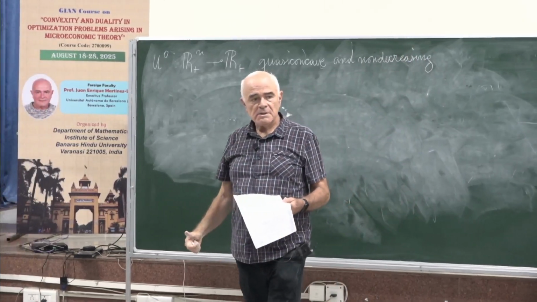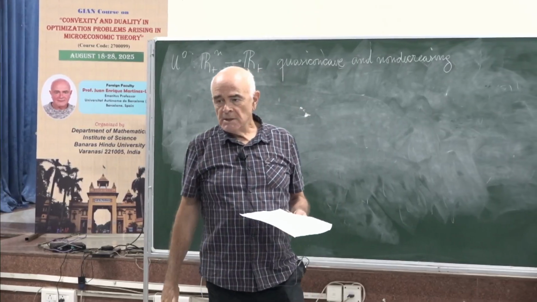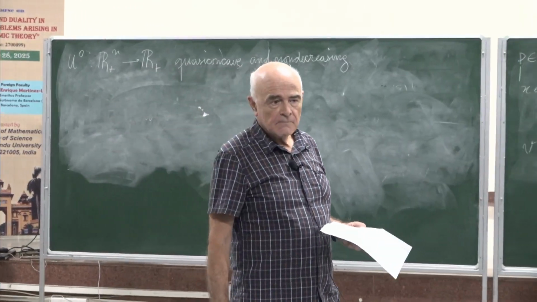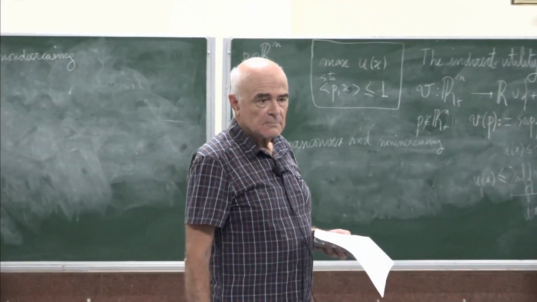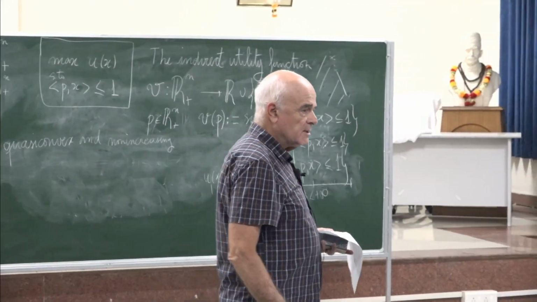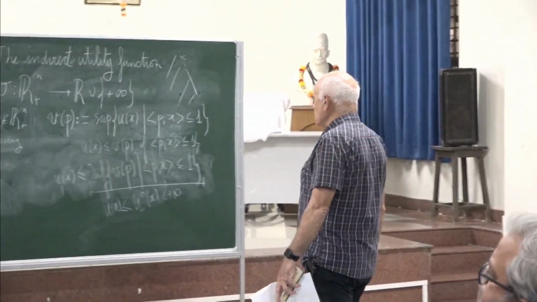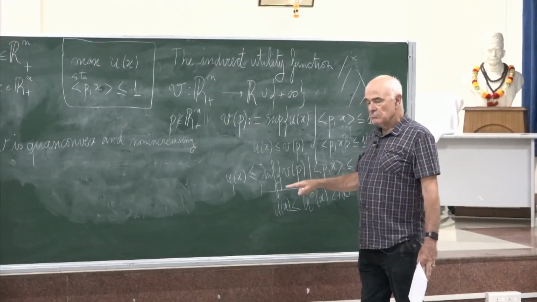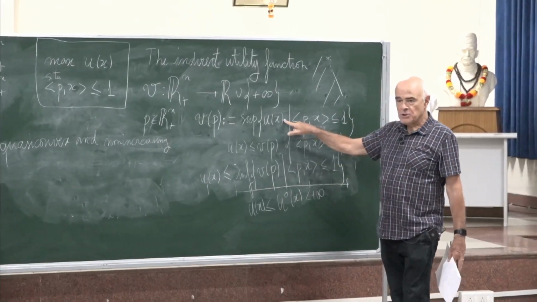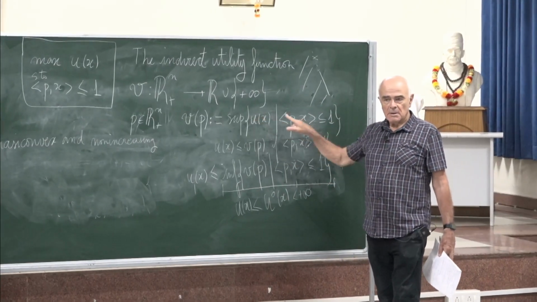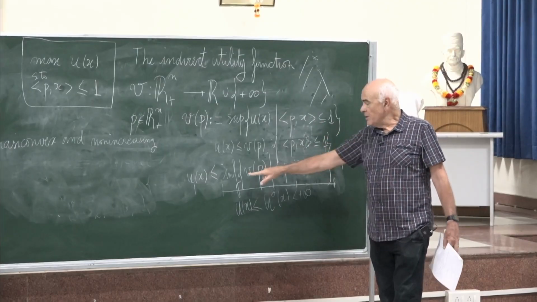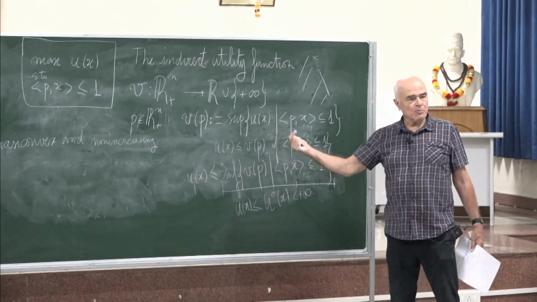Can you prove this in just one sentence? Not writing anything on the blackboard? It has the same structure as the indirect utility function, but with infimum instead of supremum.